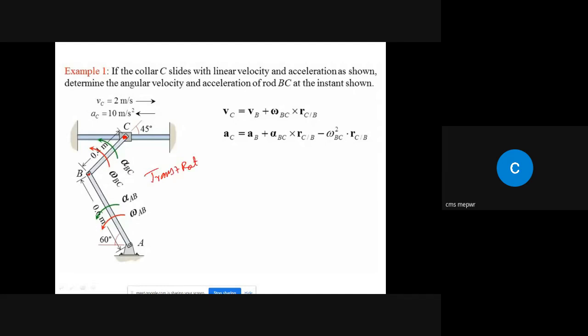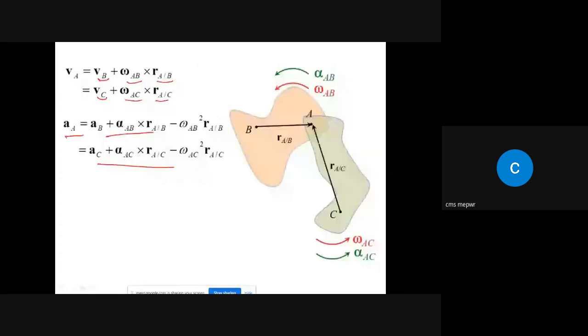So if I try to find out the velocity of point C, that will be the velocity of point C equal to the translation plus rotation of that rigid body or that rod or that link. Similarly, the acceleration can be written like this, and it's the same equation which I just discussed.